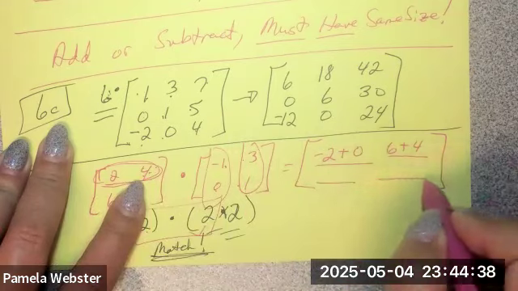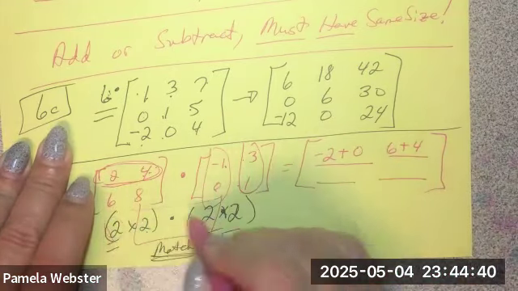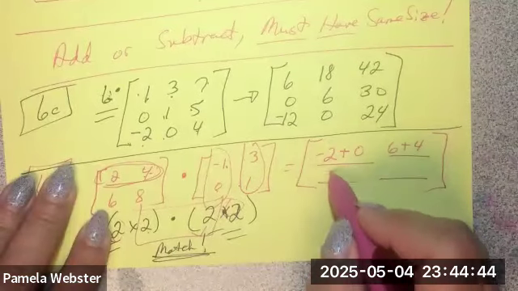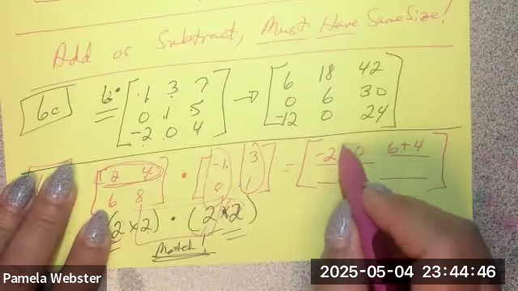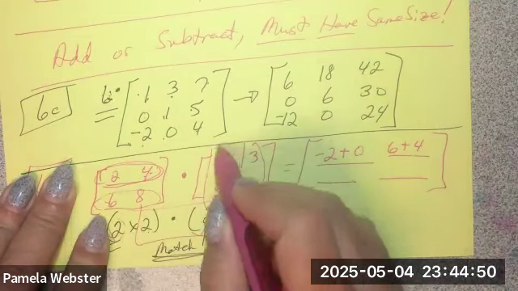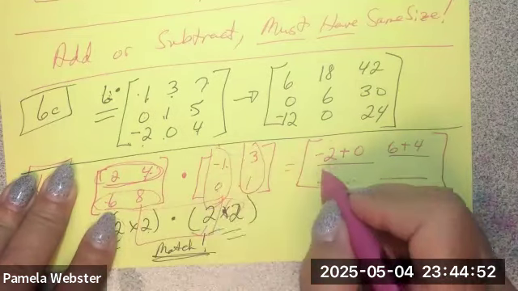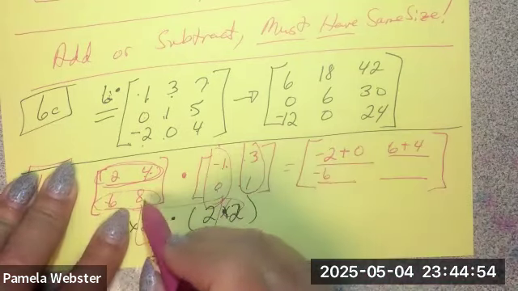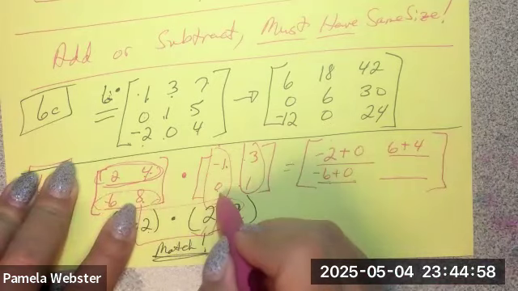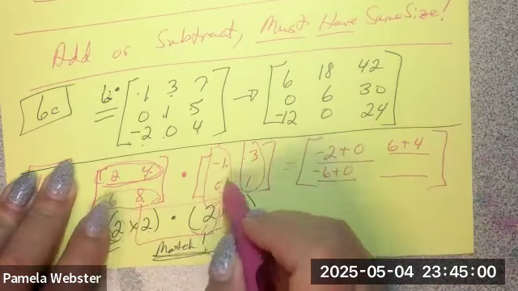I need 2 more pieces because remember, this is a 2 by 2 answer. I need this guy. Well, what is he? He's second row, first column. So second row times the first column. 6 times -1 is -6, plus 8 times 0 is 0. Second times second.